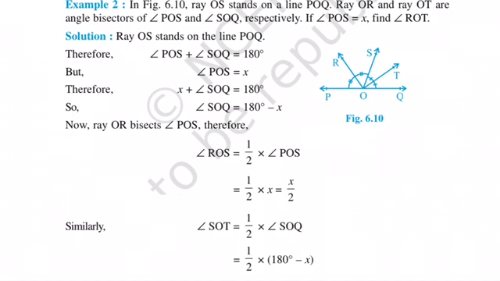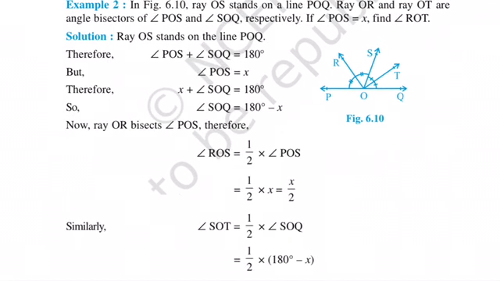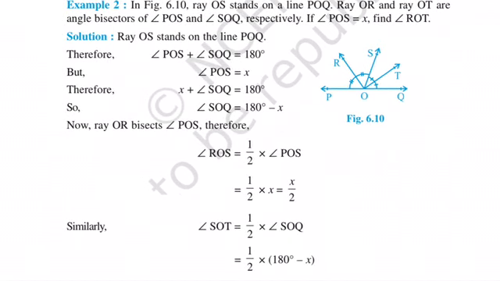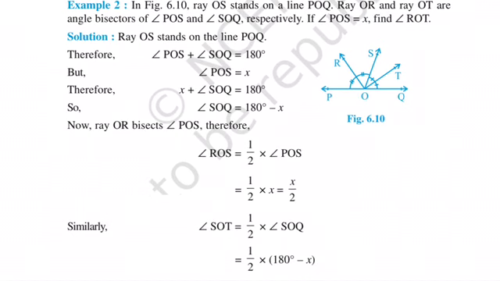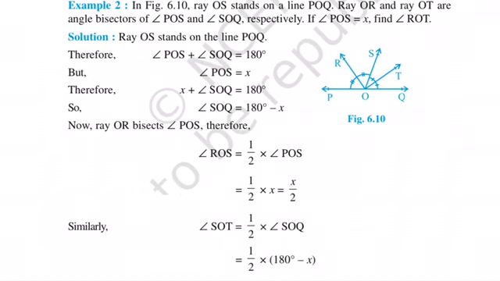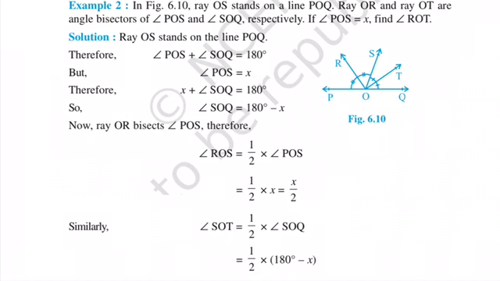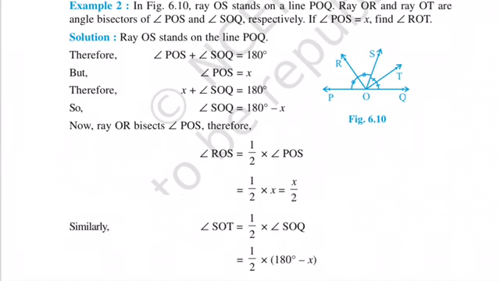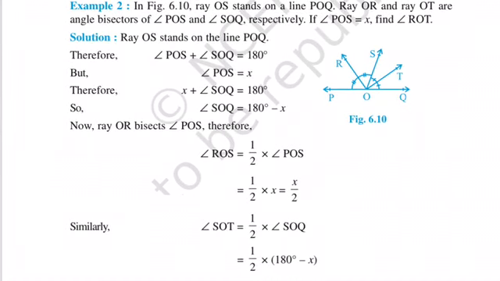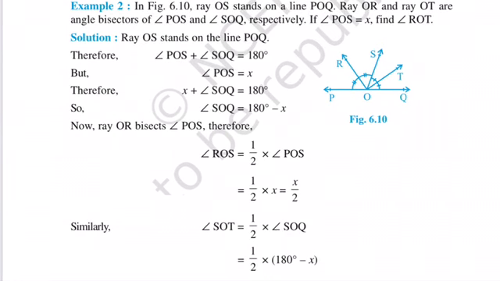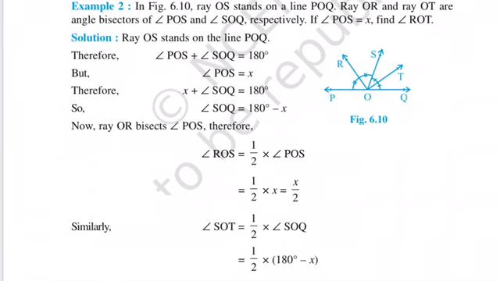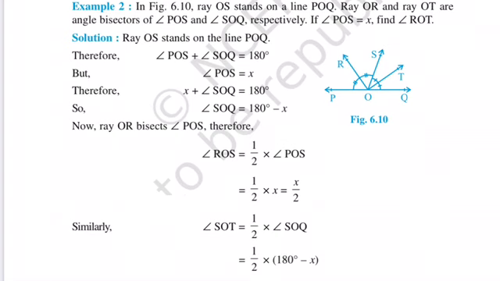First of all, look at this thing. Ray OR bisects angle POS. It means that angle POR and angle ROS, both angles are equal to each other, and each is half of angle POS.